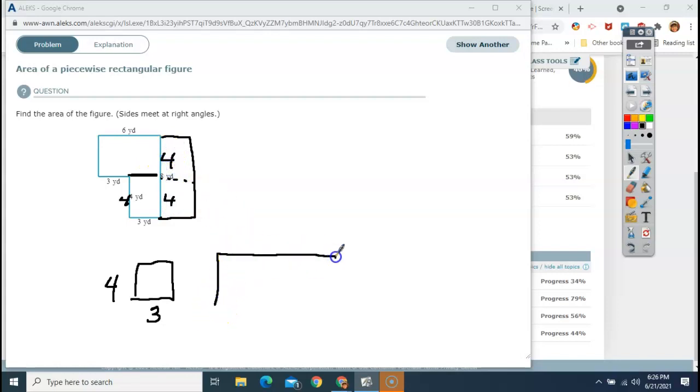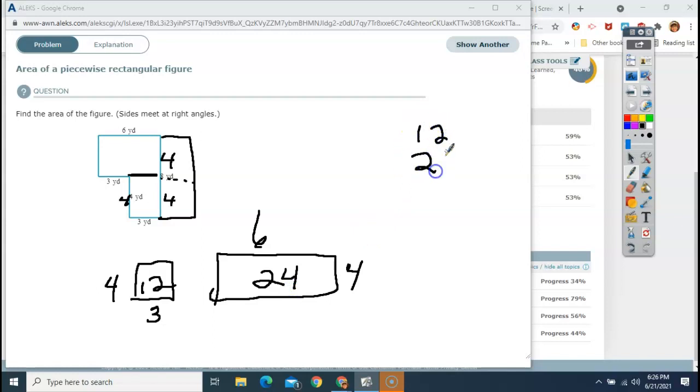So I have a big one on top that is a 6 by 4. So 4 times 3 is 12. 6 times 4 is 24. And when you add those two up, you get 36. And that's your area.